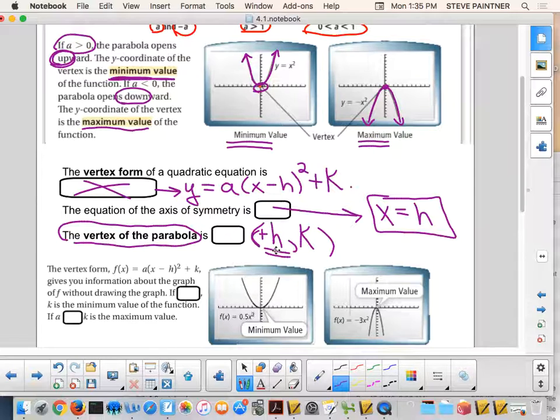So in parentheses, x minus h, because you're saying x is equal to h. For instance, if you say x minus 5 squared, you're telling me this is what goes there, right? You're basically saying that's a 5, right? Okay.